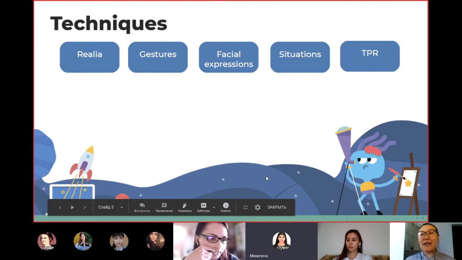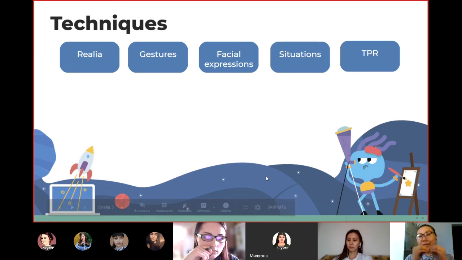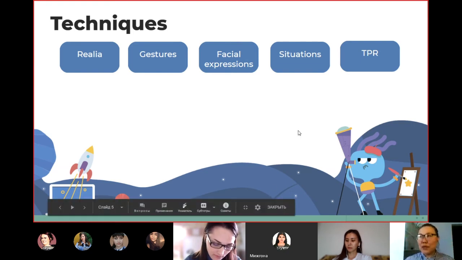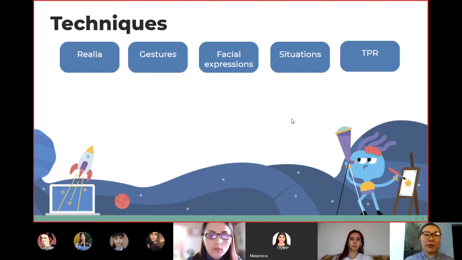Yes, you're right. So when you create a body-mind connection, some associations between your students' movements and different words. Not words only, we can also practice and present vocabulary with TPR, but today we're talking about vocabulary.